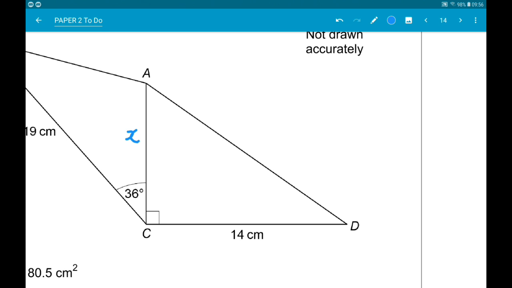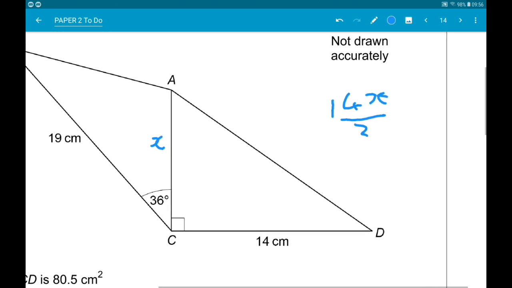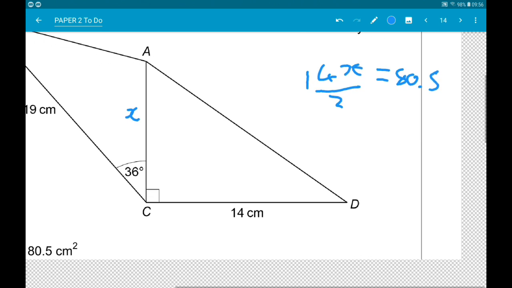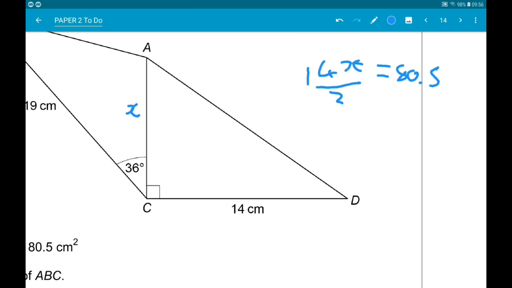So we know 14 times x divided by 2 is equal to 80.5. So that tells us 7x is 80.5, so x is 80.5 divided by 7, which is 11.5 centimeters.